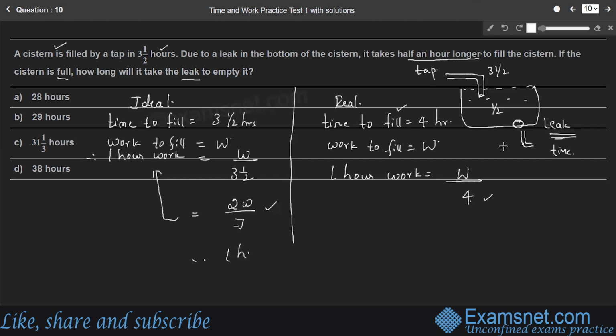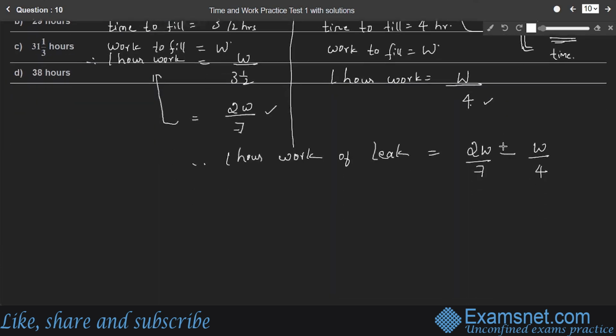Therefore, 1 hour work of the leak, or hole, is equal to 1 hour work in ideal condition, which is 2W by 7, minus 1 hour work in real condition, which is W by 4.